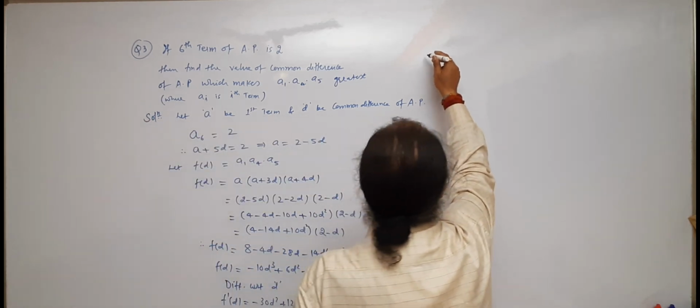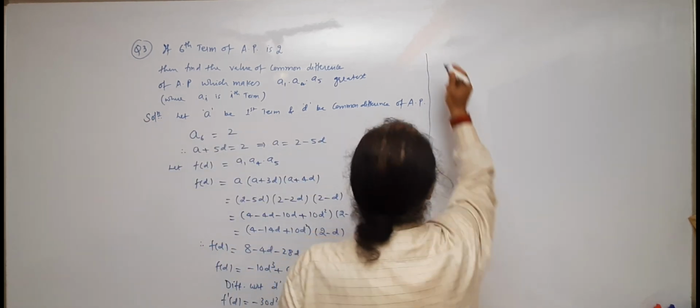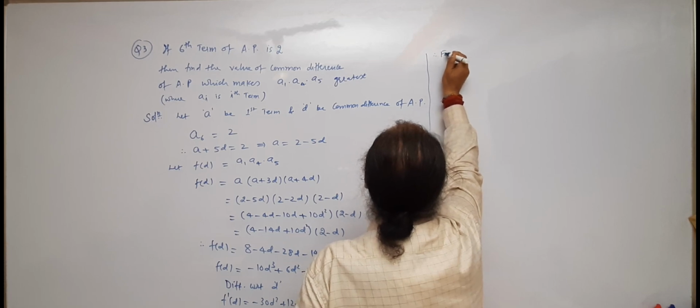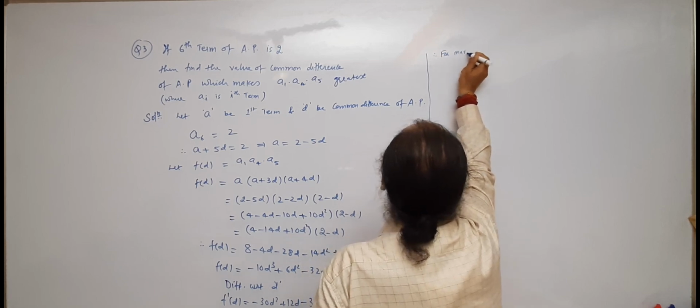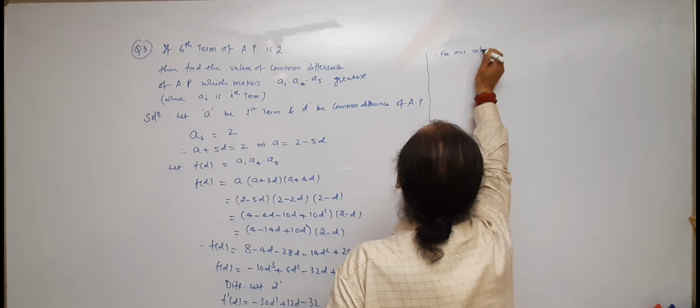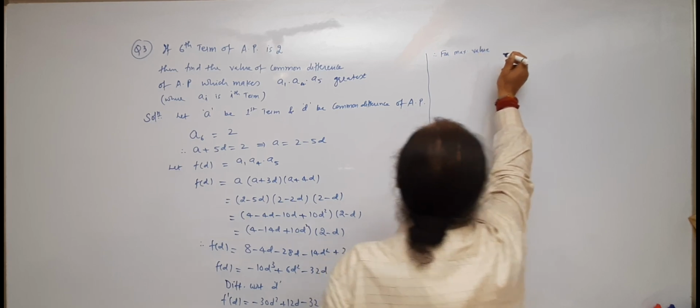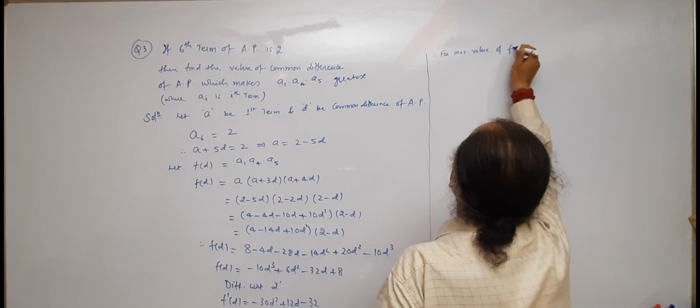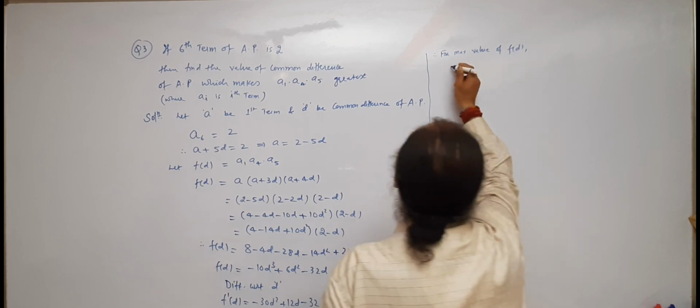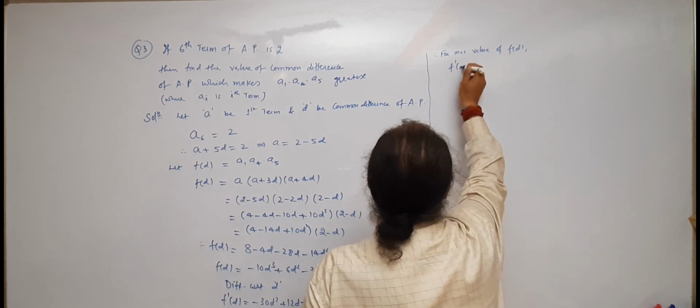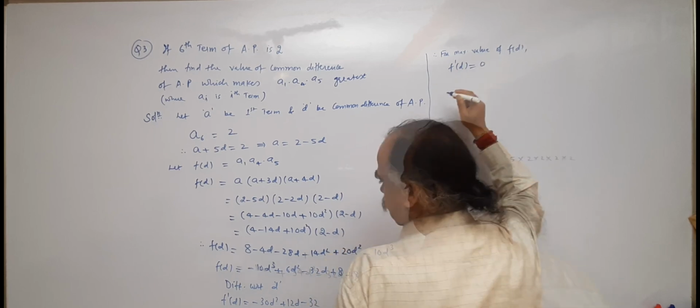Therefore, for max value of f of D, the first derivative has to be 0. F dash D is 0.